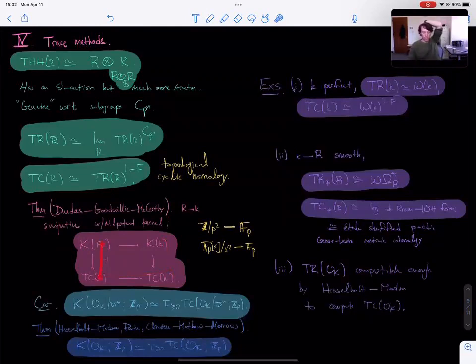There's a trace map from K theory to TC, and roughly speaking, the horizontal fibers agree. So the difference between the K theory of R and the K theory of k is the same as the difference between the TC of R and the TC of k. That gives you a new strategy for computing new K groups: find some base ring whose K theory you know, compute its TC, compute TC of your mystery ring, and glue it all together to get the K theory of that ring.